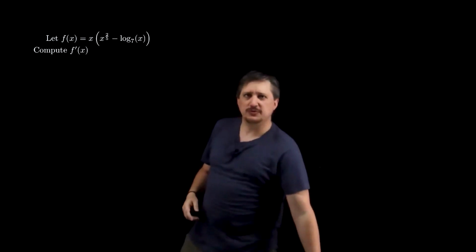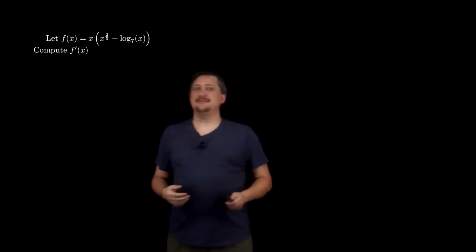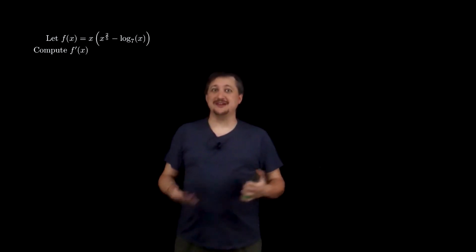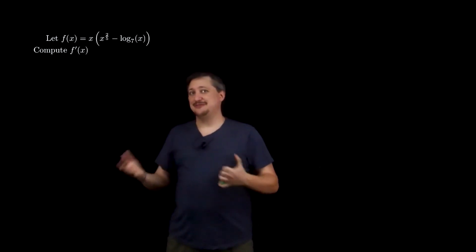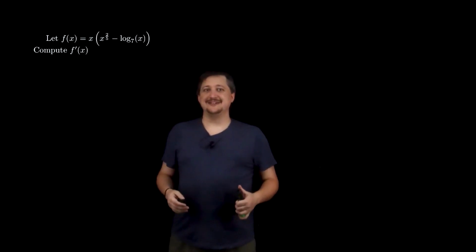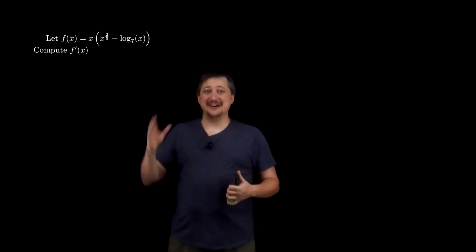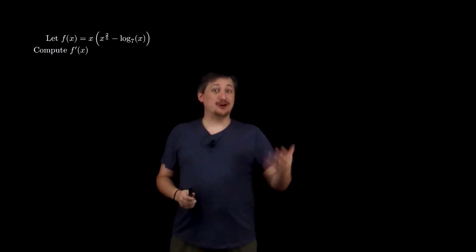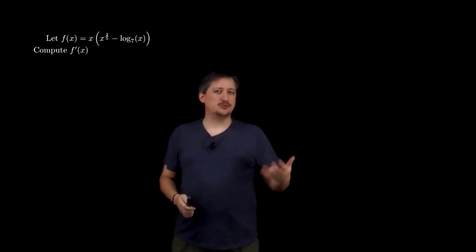You would have to have seen the rule for log to know how to take a derivative of log. If you haven't seen it yet, then you don't have to worry about a question like this yet. Nonetheless, I'm going to go through the same process. You can see the product rule part.